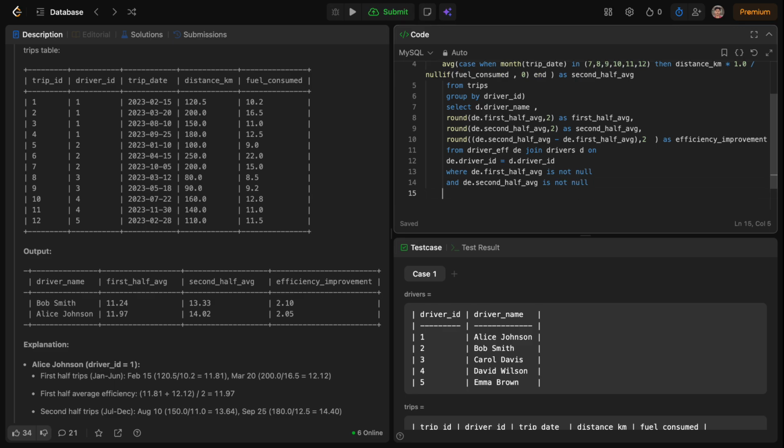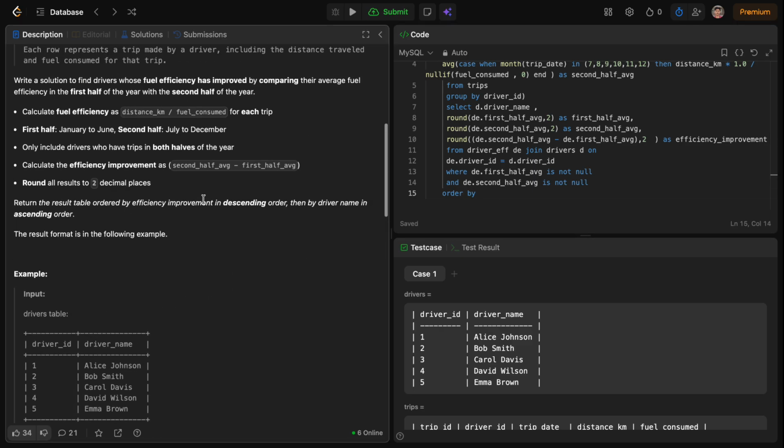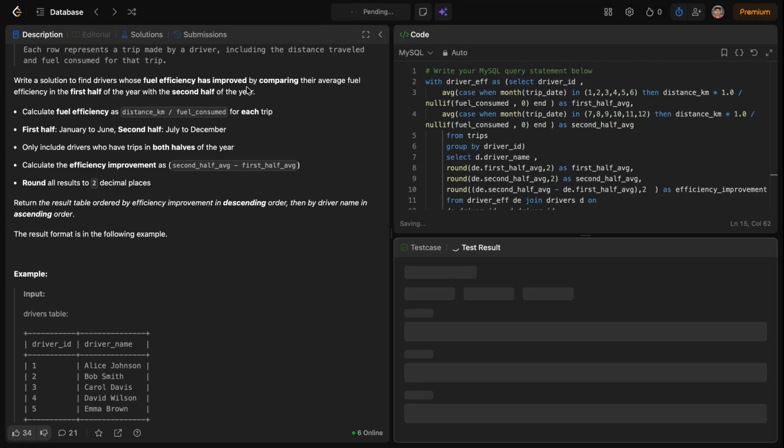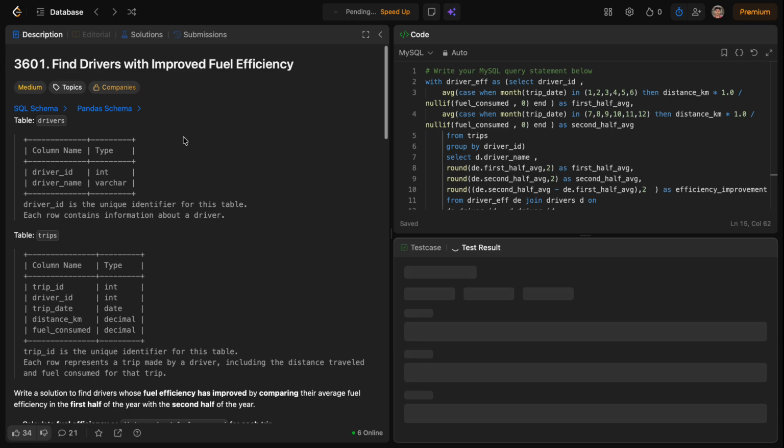And for the order by, they want efficiency improved in descending order, so DESC, and D dot driver name in ascending order.